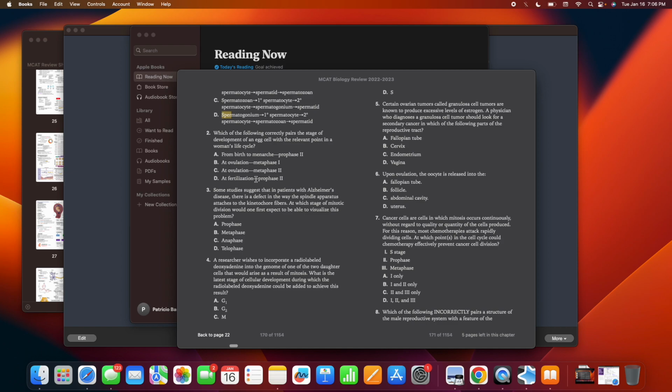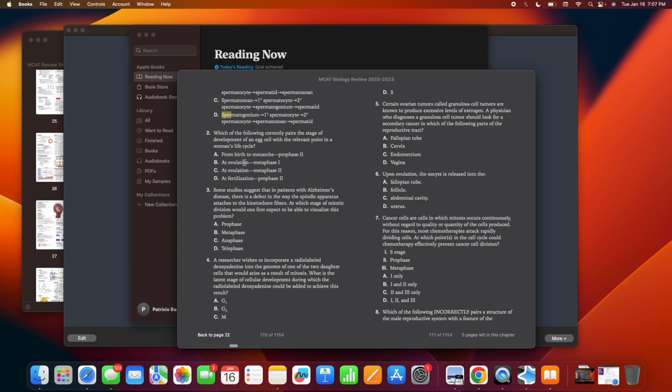It's when you become fertilized, right? So fertilization is when the egg meets the sperm. And that is when prophase 2, then we have metaphase 1 for ovulation.